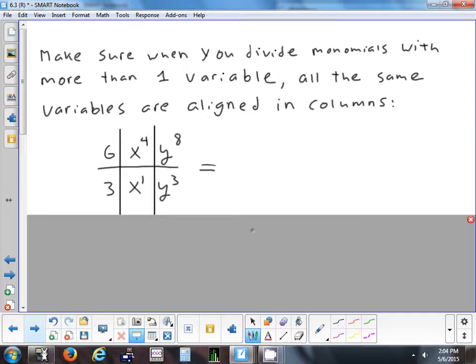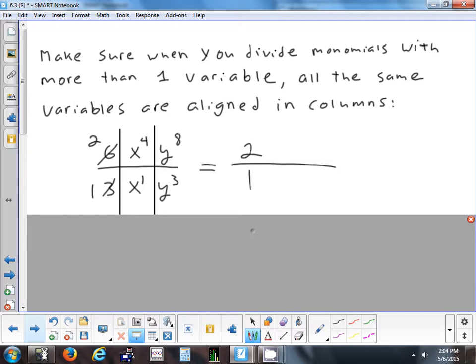Nothing to worry about on your sheet. What can you divide 6 by and 3 by? They're both divisible by what? 1. Yeah, everything's divisible by 1, but 3. If you divide this by 3, what do you get? 2. Just reducing your fraction. Divide that by 3. 1.